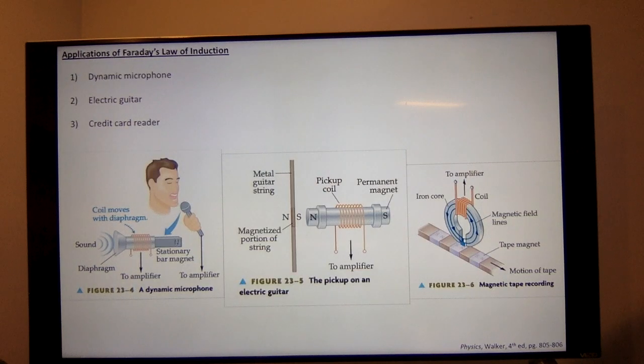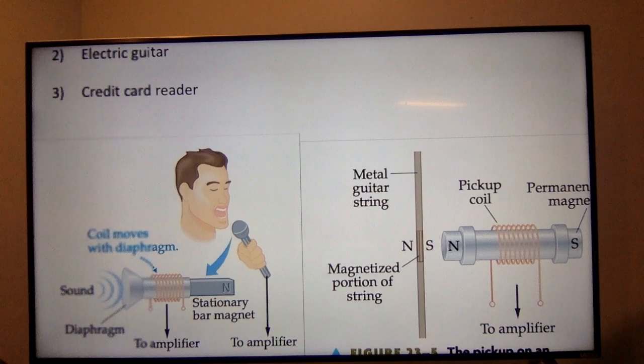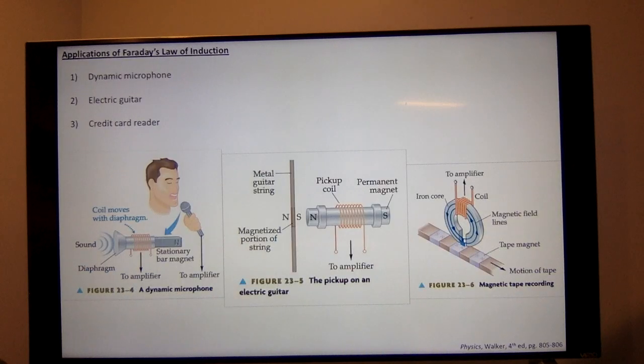Which brings us to the last slide, which has some other examples that are around us all the time that use Faraday's law of induction. First of all, there's this man that's doing some serious singing. He's singing into a microphone. The way the microphone takes sound and converts it into an electrical signal is through a coil of wire.